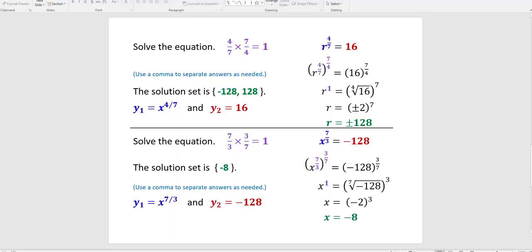Since the right hand side of the equation is 16, we will need a y max greater than 16, so let's use 20. From the solutions shown on the slide, we know that negative 128 and 128 are answers. Now, since negative 150 is less than negative 128, and 150 is greater than 128, we pick x min equal to negative 150, x max equal to 150.